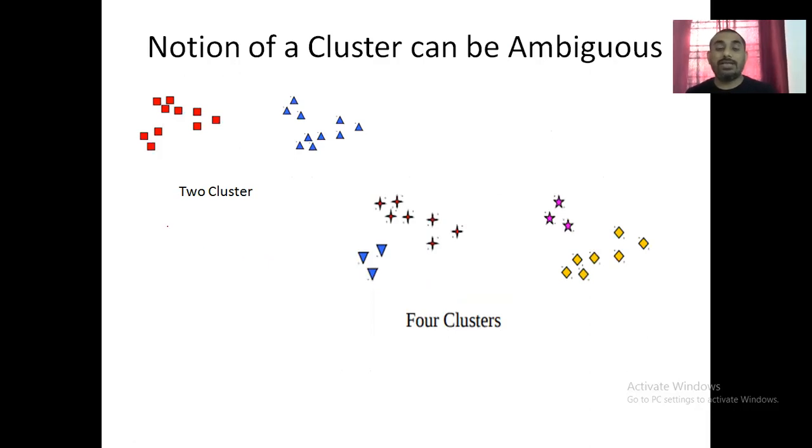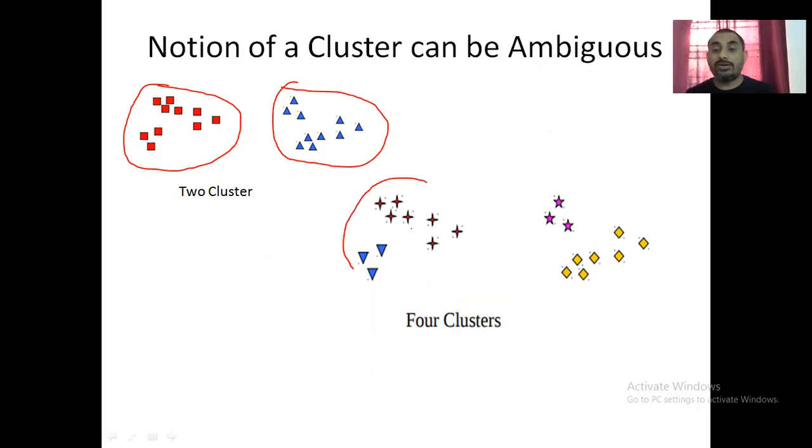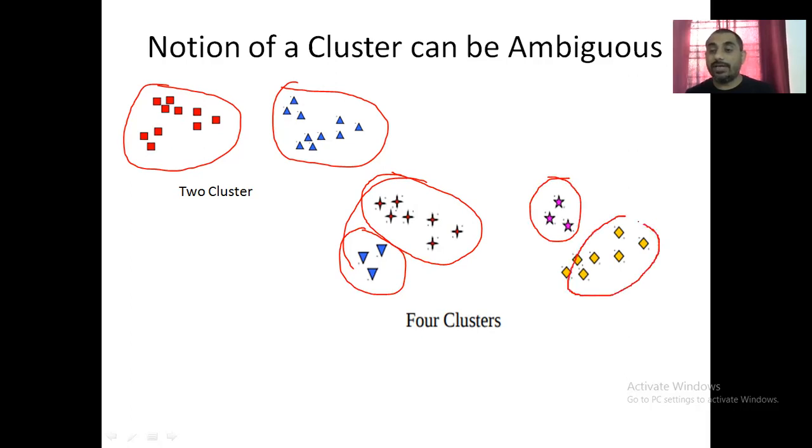Okay, here is another example. On the basis of their characteristics, we form two groups, one cluster group and another cluster group. So this data is divided into two clusters, and here you can see, based on the characteristics of data, we can form four different clusters.